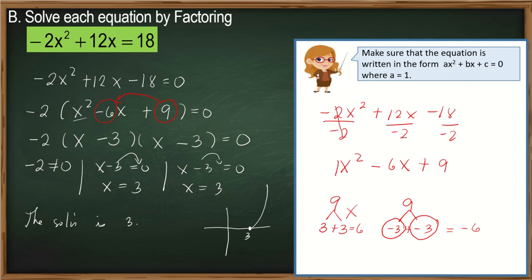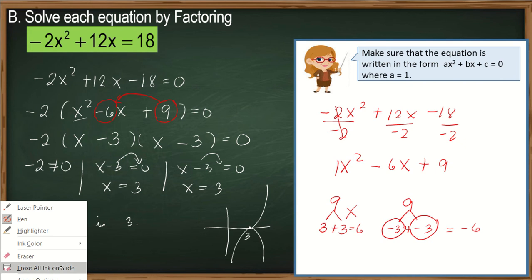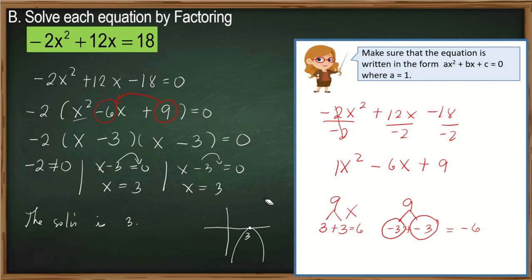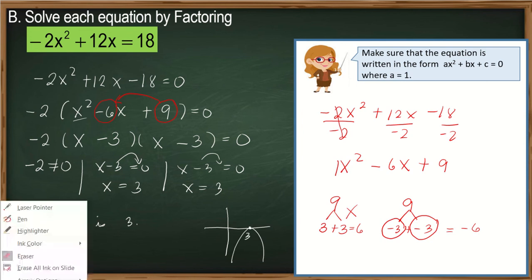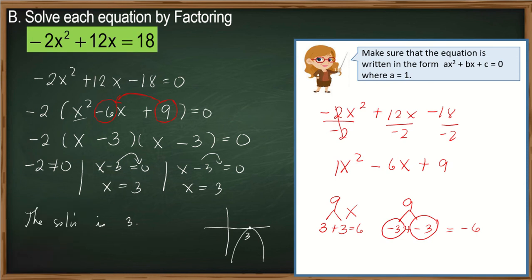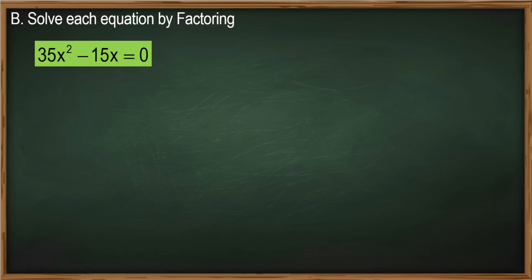So, it looks like this, downward. Kasi nga, ang coefficient ay negative. Kapag ang coefficient ay positive, the parabola opens upward. Kapag negative, the parabola opens downward. Okay? So, that's it.